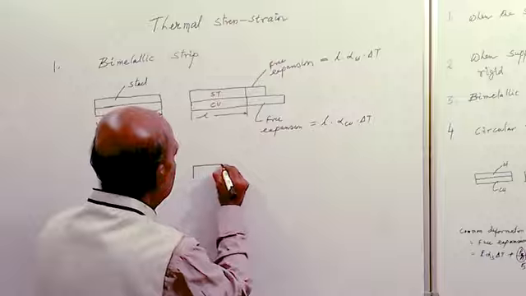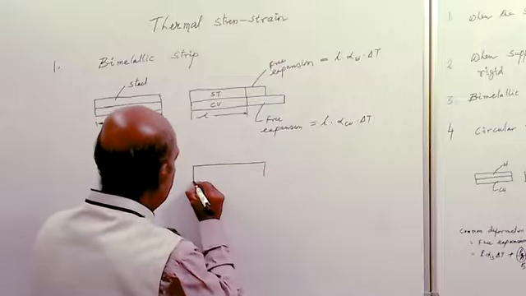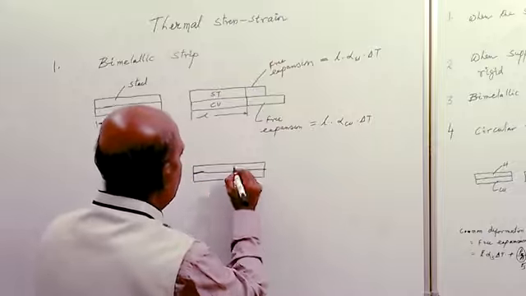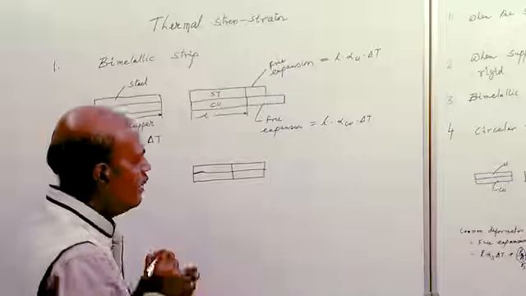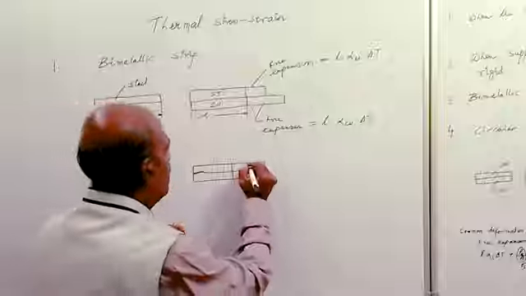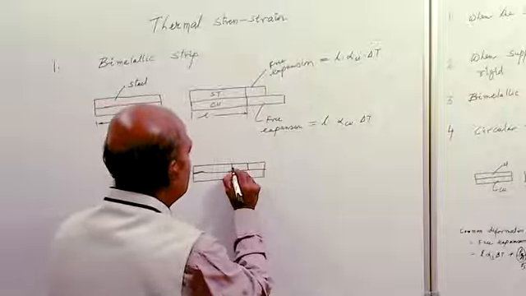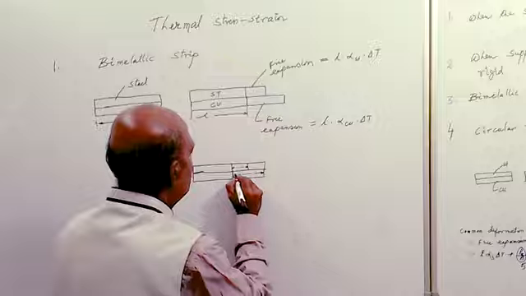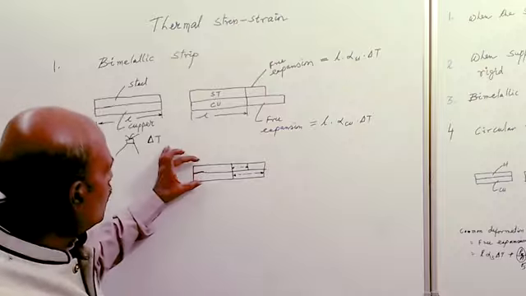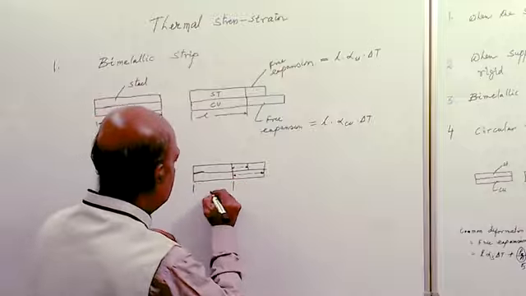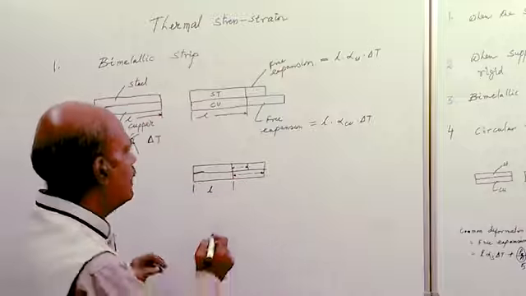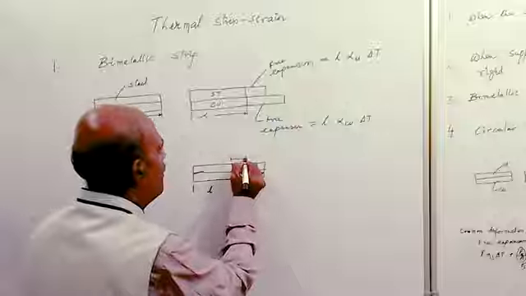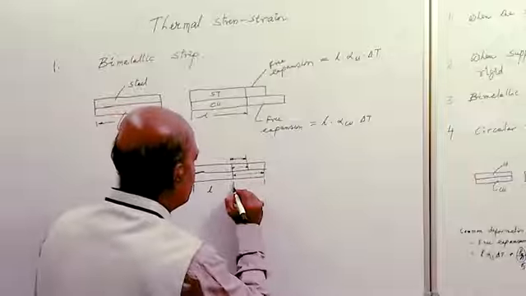In another figure, this is the original length of the member, each L, and this portion is the free expansion of steel, and this portion is the free expansion of the copper bar.